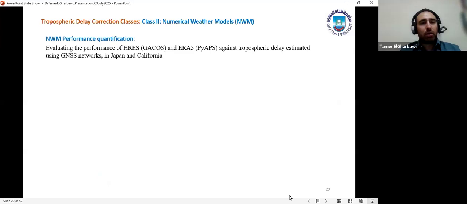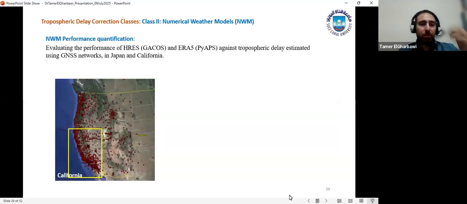So for the numerical weather model performance, this kind of analysis, I'm currently doing that with my team. We need to find the performance of these famous models like GACOS and ERA5 for the PyAPS. In order to do that, we didn't use the methodology that is used in other papers. Mainly in many papers, they just use the interferogram before and after correction and estimate the standard deviation or the rate of decrease of the standard deviation.